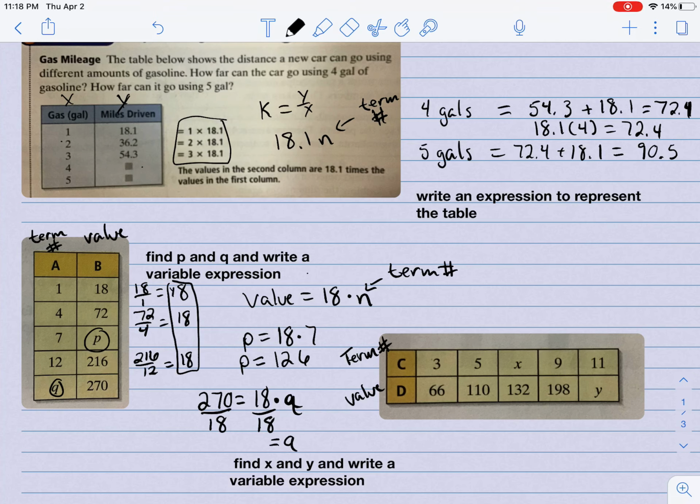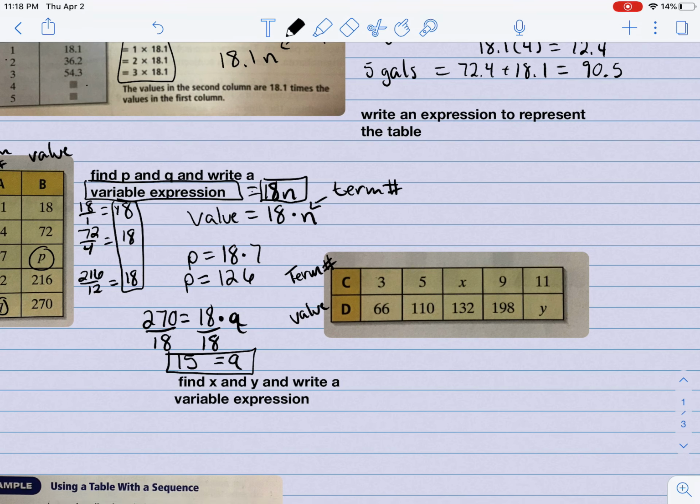Divide both sides by 18, and what we'll be left with is that q equals 15. Okay, so now the last part, it wants us to write this variable expression. So that's just going to be this 18, what we're continuing to increase by, times our variable n. So that's our variable expression.